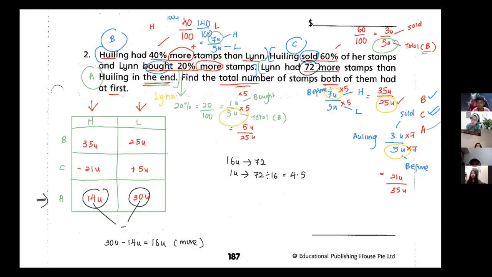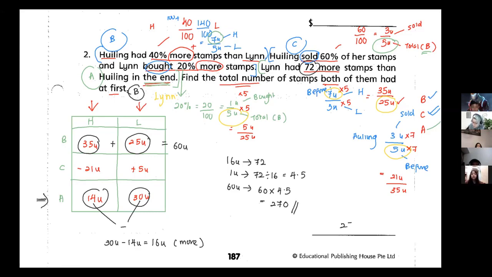What are we supposed to do? Find the total number of stamps both of them had at first. At first means before. Hui Ling and Lin plus, because total, both of them equals 35 plus 25, which is 60 units. 60 units is 60 times 4.5, which equals 270.